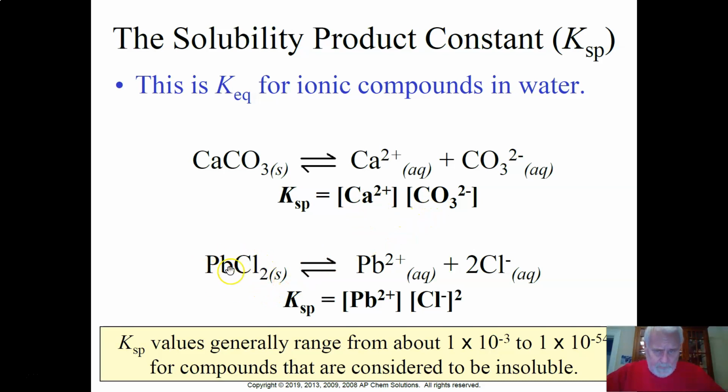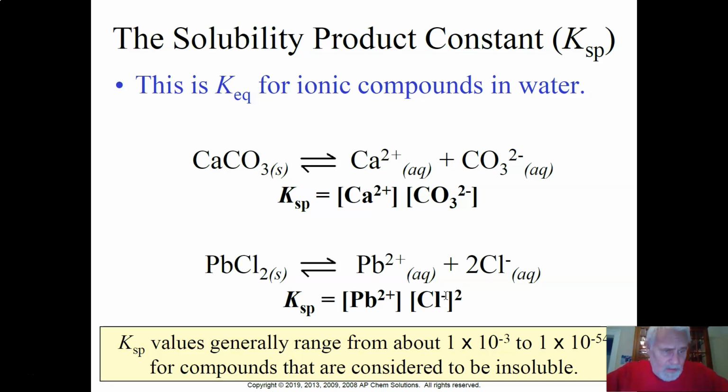Now, obviously, you'll have instances where this is really three ions, if you look at it: one positive 2 lead ion and 2 chloride ions. To write the solubility product, you're multiplying the ions together, but you do have a coefficient involved, and sometimes both of them will have a coefficient.